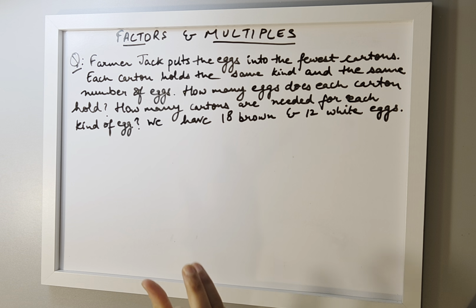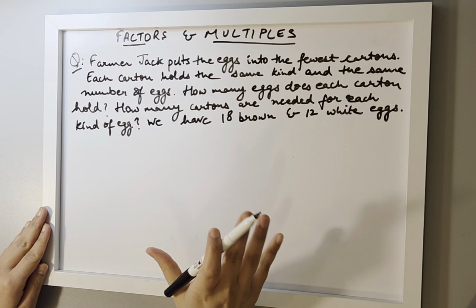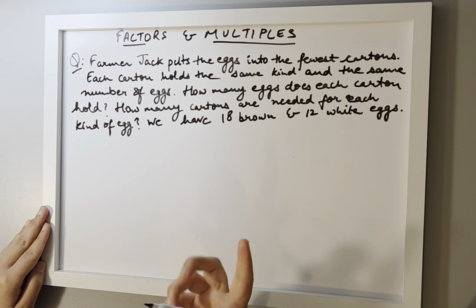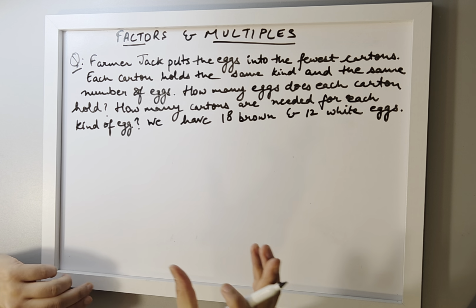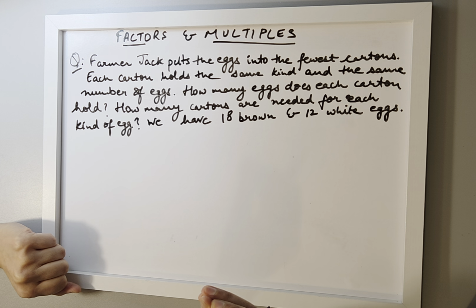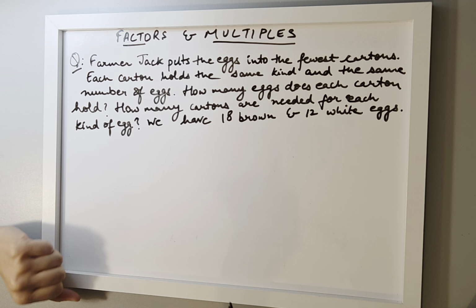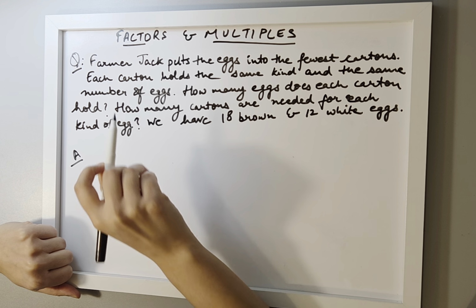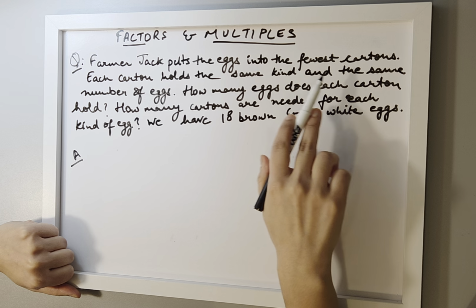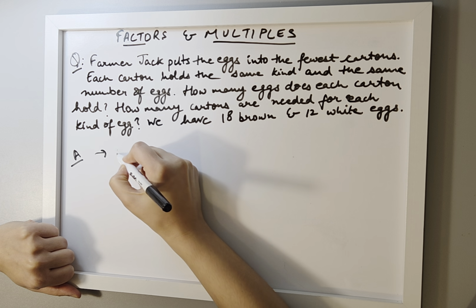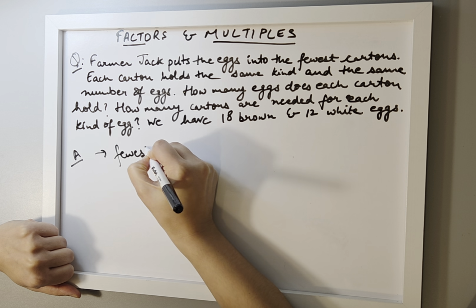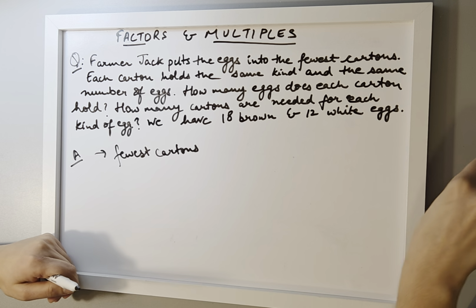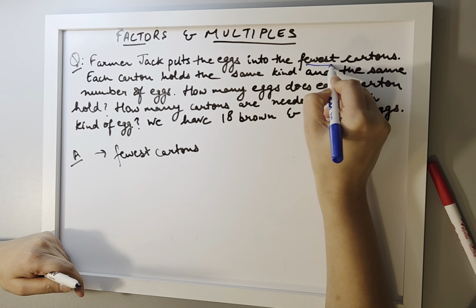Okay. So these words are very important in the question to know what we are looking for. It might not be given to us clearly, but in the form of highest, fewest, most, least. So we need to find that the eggs need to be put into the fewest cartons. You can either underline the important things or just make a note.